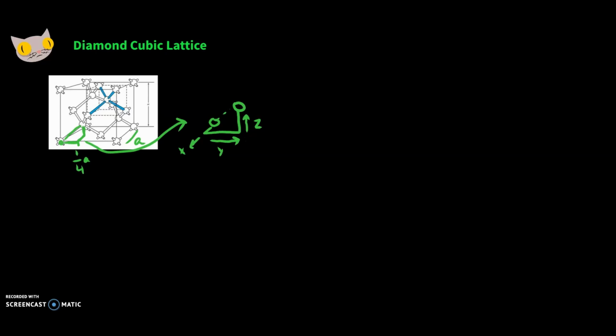So the distance here between these 2 atoms is going to be 2r. And this is because we are using the standard hard sphere model. These nearest neighboring atoms will just have the distance 2r.